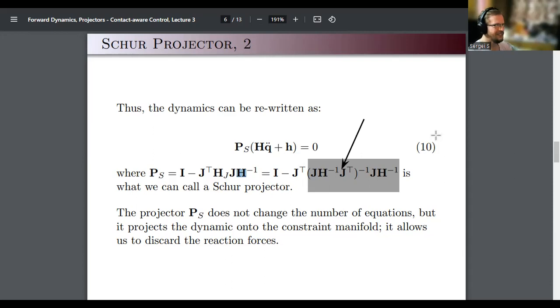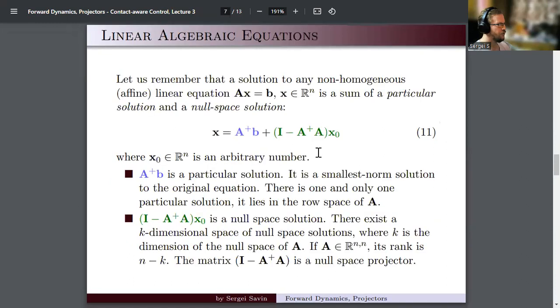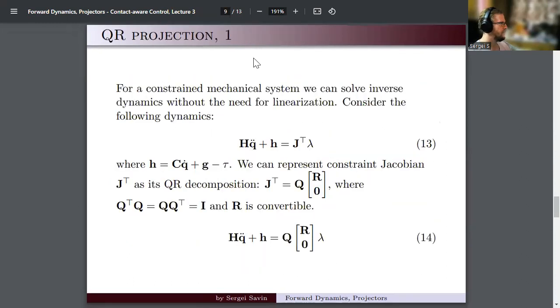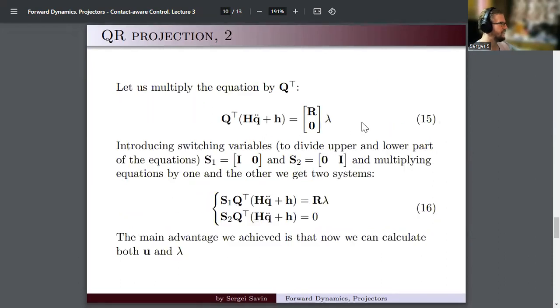But the question remains open if your software can do it. If you're going to do it by hand, like you're going to compute this inverse, then this inverse, you can run into trouble. So one of what the writers of this paper argued is that this QR pseudo-inverse projector is actually nice because it doesn't involve using the H matrix.